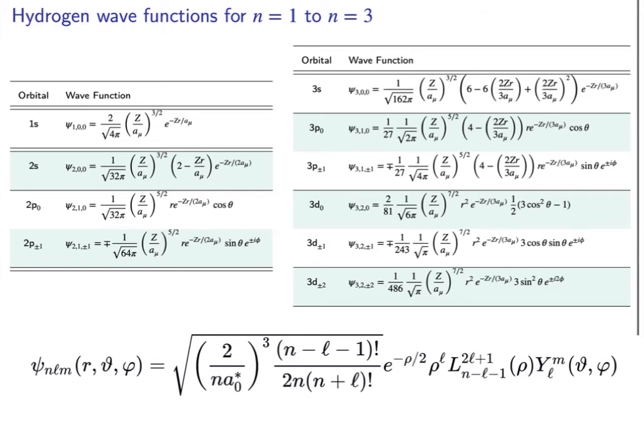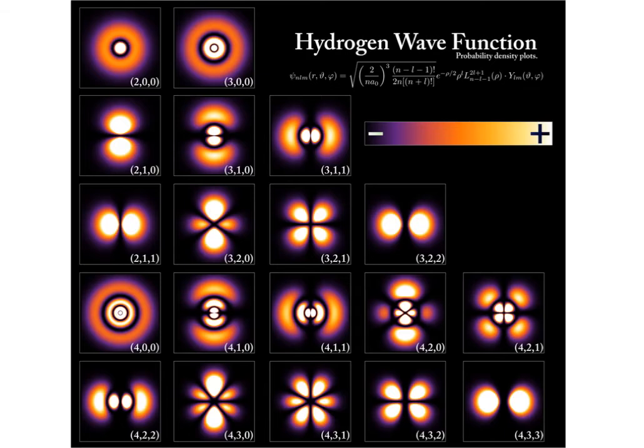So this is why we have diagrams and other useful tools. If you've seen the hydrogen orbitals, you probably saw something that looked kind of like this. This diagram shows cross-sections of the orbitals from the n equals 2, 3, and 4 energy states, corresponding to different values of angular momentum.